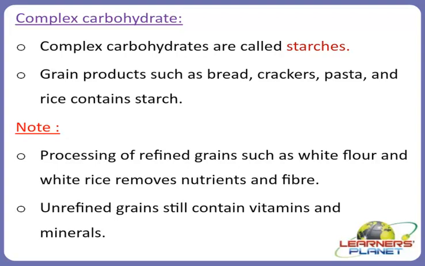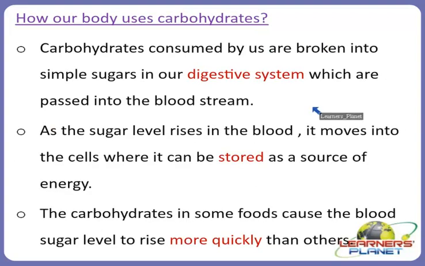So students, we discussed the simple carbohydrates and the complex carbohydrates, which are sugars and starches respectively. Now let's see how our body uses such carbohydrates when we consume them. This can be explained by this slide: carbohydrates consumed by us are broken down into simple sugars, which we saw, in our digestive system.